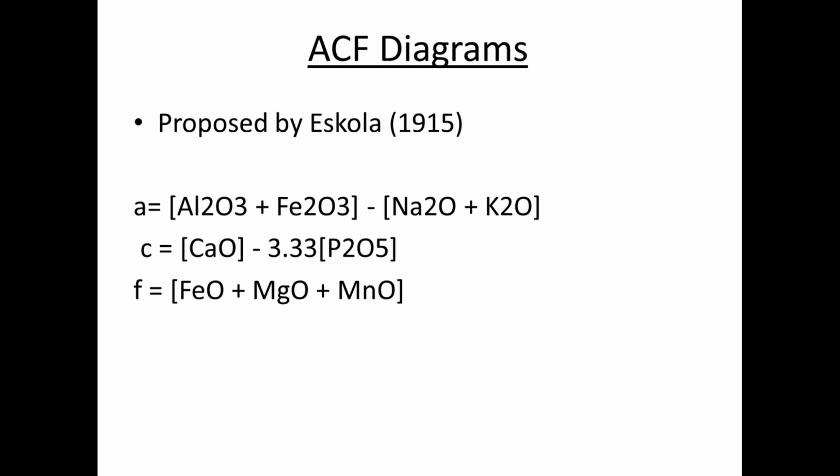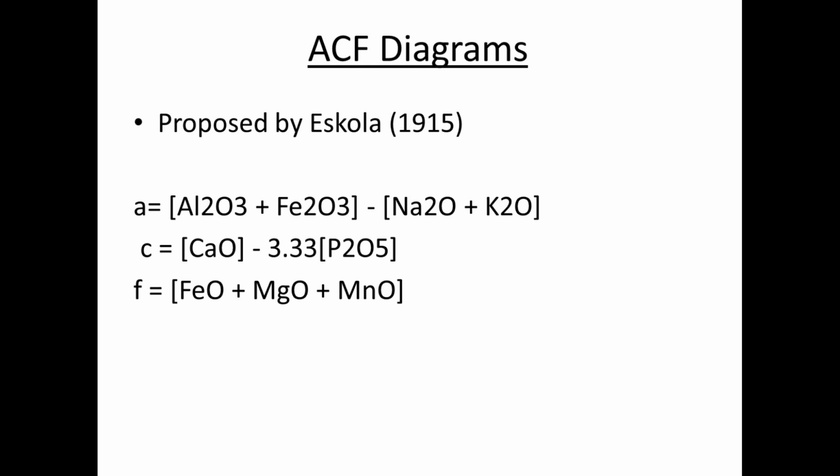Okay. Now coming on to the 3.3 P2O5. Similarly, we are interested in only the CaO that exists in excess of that captured by P2O5 to create apatite. See, in most of the rocks, CaO and P2O5 combine in the ratio of 1:3.3. That's why here we subtract 3.3 P2O5 from 1 CaO. Okay.